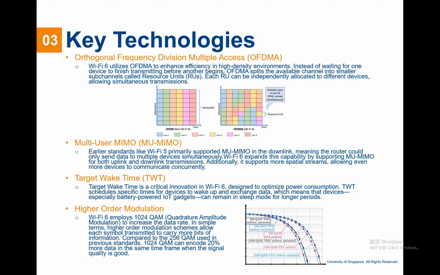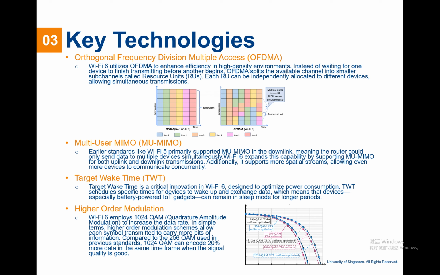Topic 3. This part is key technologies for orthogonal frequency division multiple access. Wi-Fi 6 utilizes OFDMA to enhance efficiency in high-density environments. Instead of waiting for one device to finish transmitting before another begins, OFDMA splits the available channel into smaller subchannels called resource units.